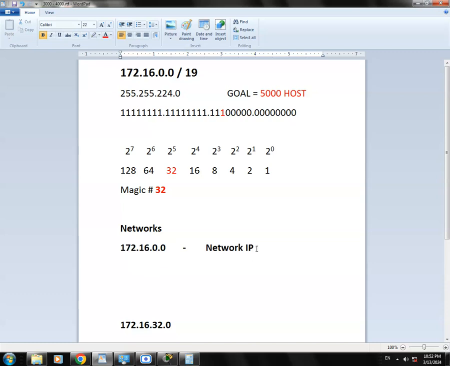The available hosts, the first one, should be 172.16.0.1, and up to 172.16.31, because this is the next IP, so this should be the last. So 31, and then .254, because 255 would be registered as the broadcast IP address. Let's put it here.